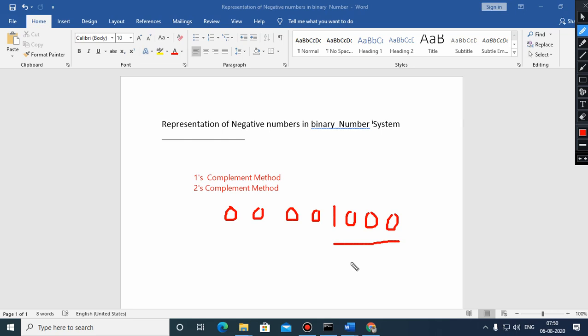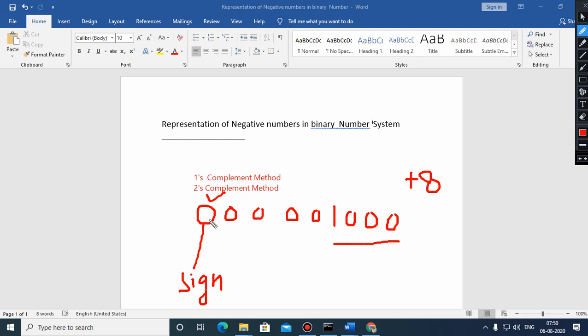Today I'm going to explain negative binary numbers with 8-bit representation, and along with every representation there is a sign bit. Here the sign bit is 0. If the sign bit is 0, the number is considered a positive number, so the decimal equivalent of this number is plus 8.